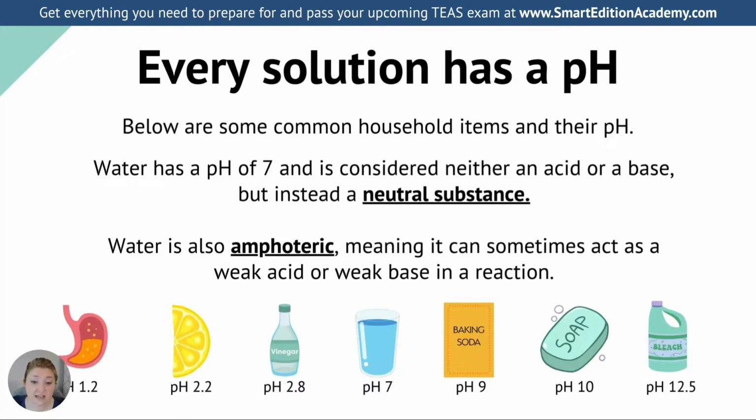So everything has a pH. Water is that very special one that rides right in the center, and it is really neither an acid nor a base. It's more of a neutral solution. But because it can teeter between the categories of acid and base, it is also categorized as amphoteric, which means that it can sometimes act as a weak acid or a weak base in a reaction.